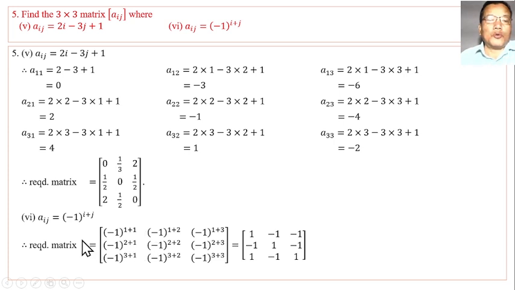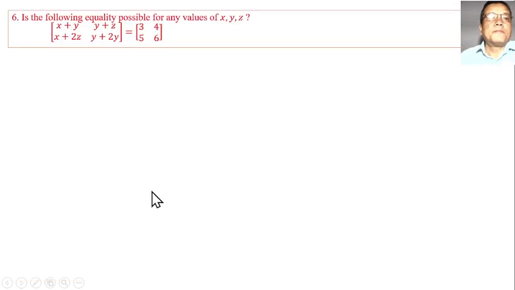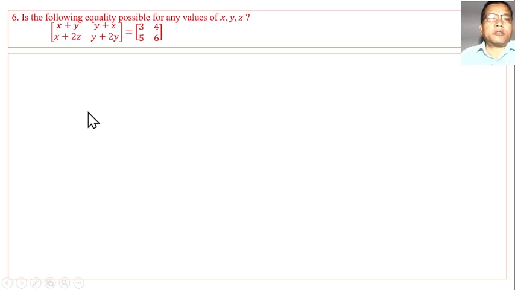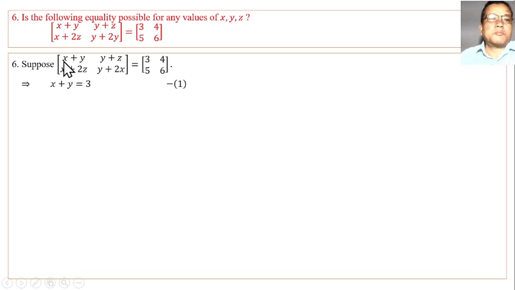From the given values, simplify the requirement: is the following equality possible for any values of x, y, z. The matrix and the corresponding matrix of x, y, z values hold for any value. Then the 2 by 2 matrix, the corresponding elements: x plus y, x plus 2y, z, and the equation 2y plus z is 4.